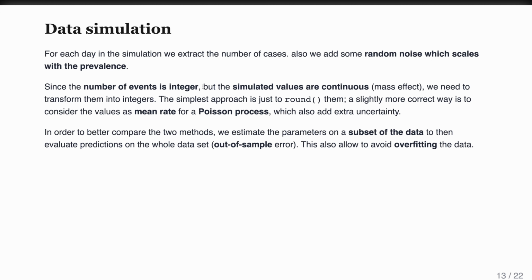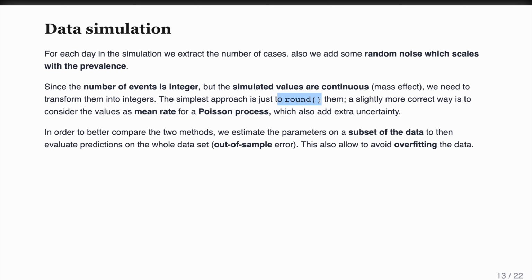To transform into integer, we have two possible approaches. The simplest one is just to round them, but this is not a very correct approach. It will create some bias. Also because in reality, the data that we simulate with the SIR model is average data.